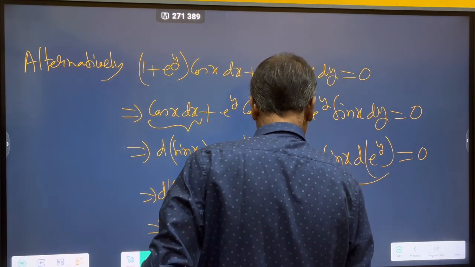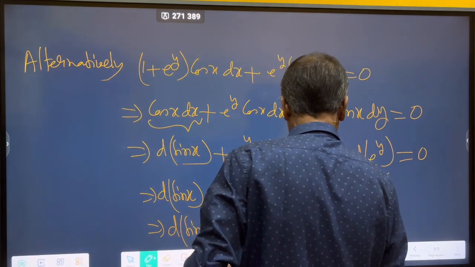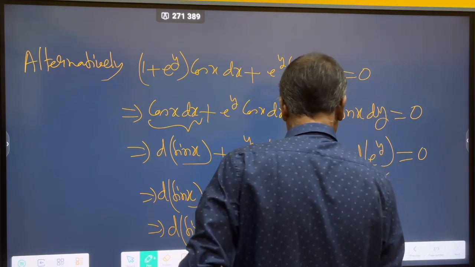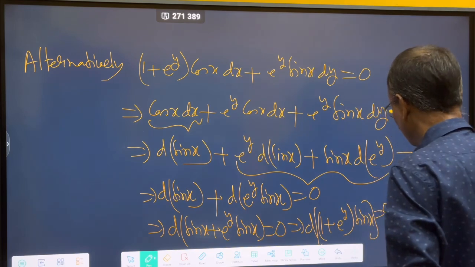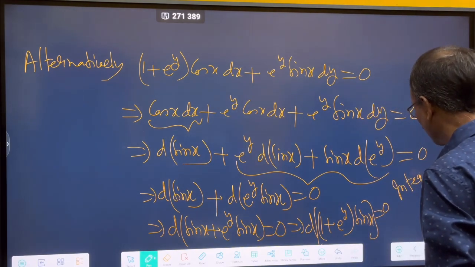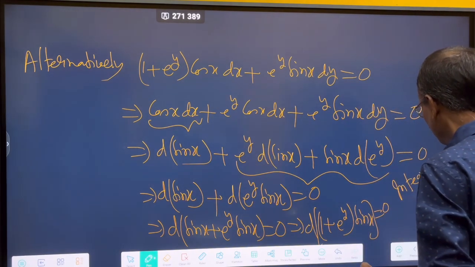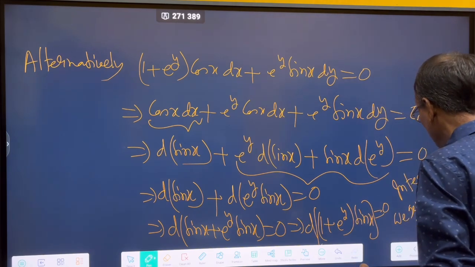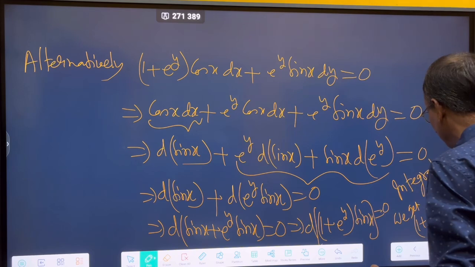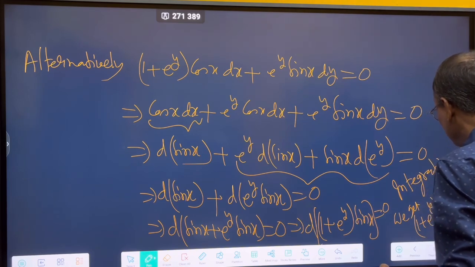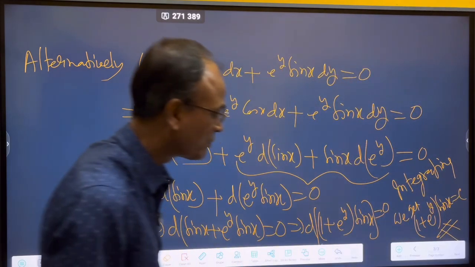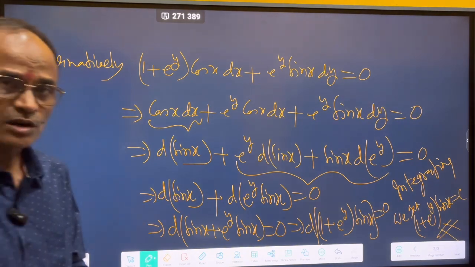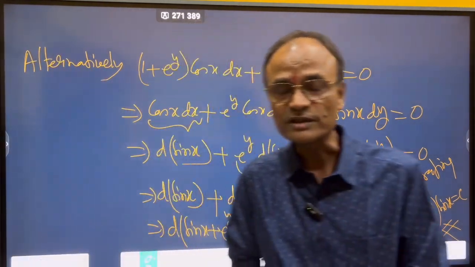Or d of (1 plus e to the power y) into sin x is equal to 0. Integrating, we get (1 plus e to the power y) sin x equal to constant. You have got the same answer. In this way also we can solve differential equations.